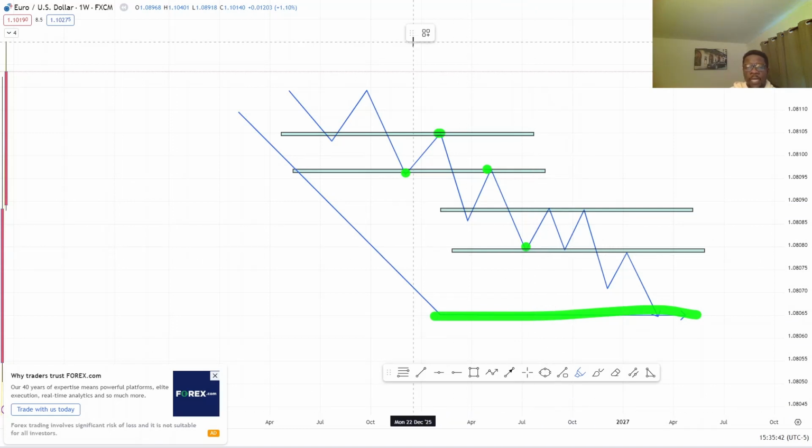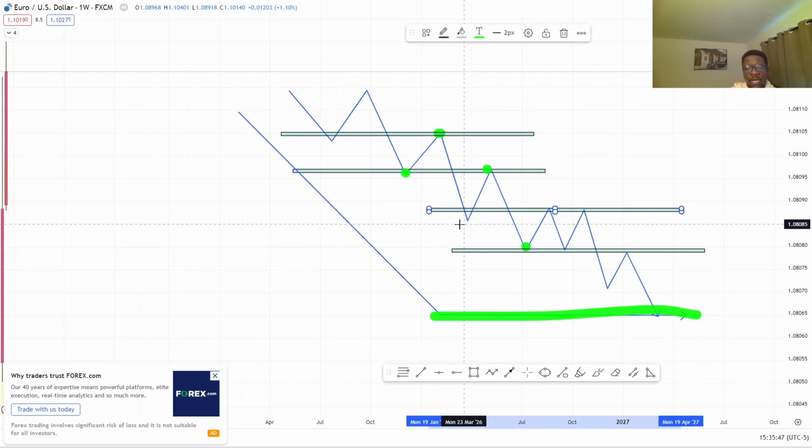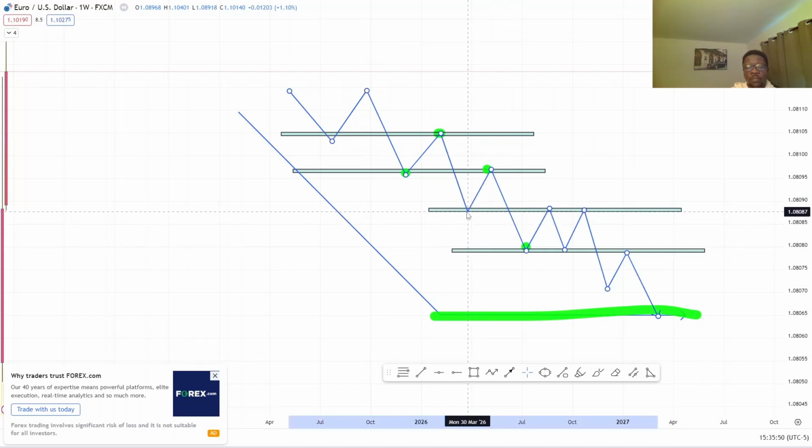Okay, and I'm going to tell you why I say that this is a bad technique, and I don't like it at all, guys. Why? Because let's say that you want to jump in here for a buy, and you know for a fact that price is coming down, but you are so excited and you want to take the trade before everyone.